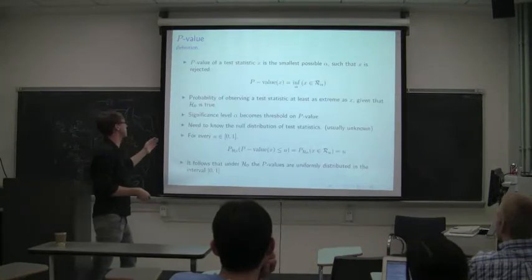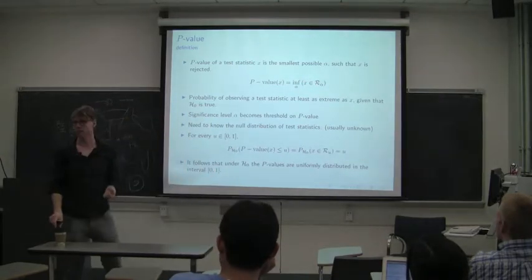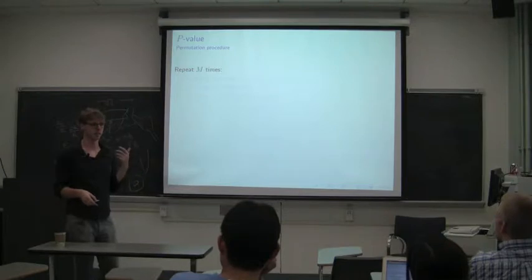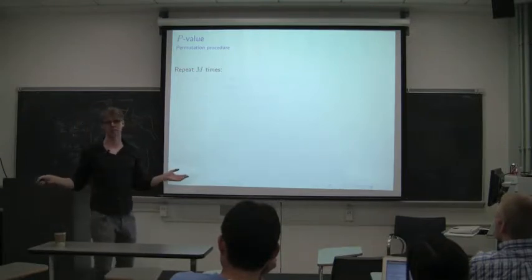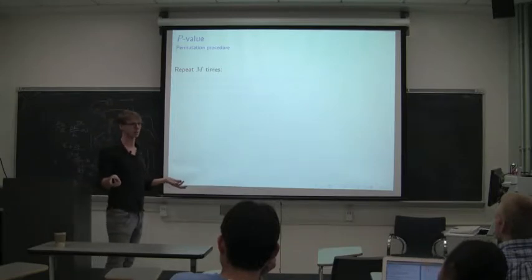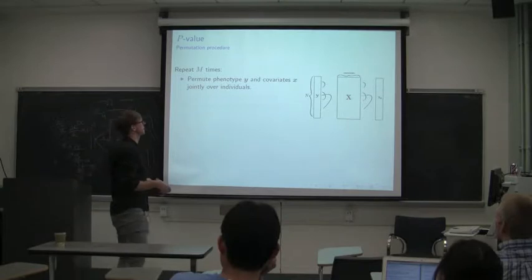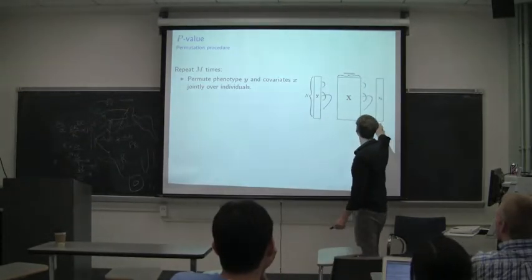So how do we get a null distribution? One thing that I already showed you is that we can basically repeat the experiment in a way that we know that everything comes from the null. And one way to do that is by permuting the data. So say this is the x that we want to test.